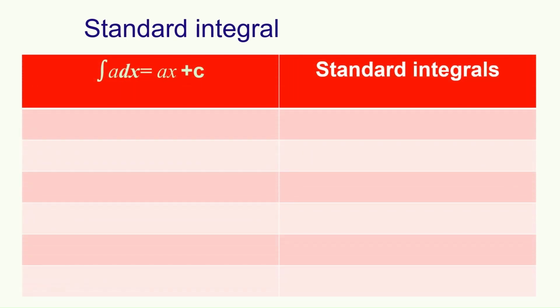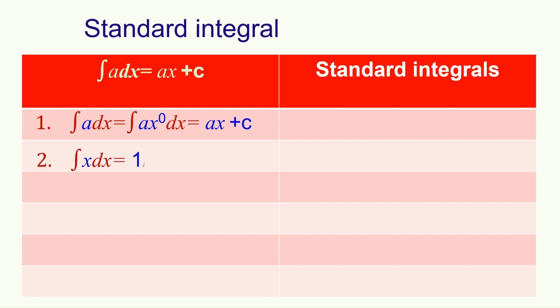Some standard integrals. Indefinite integral a dx equals indefinite integral a x to the power of 0 dx equals ax plus c. Indefinite integral x dx equals 1/2 x squared plus c. Indefinite integral x squared dx equals 1/3 x cubed plus c.